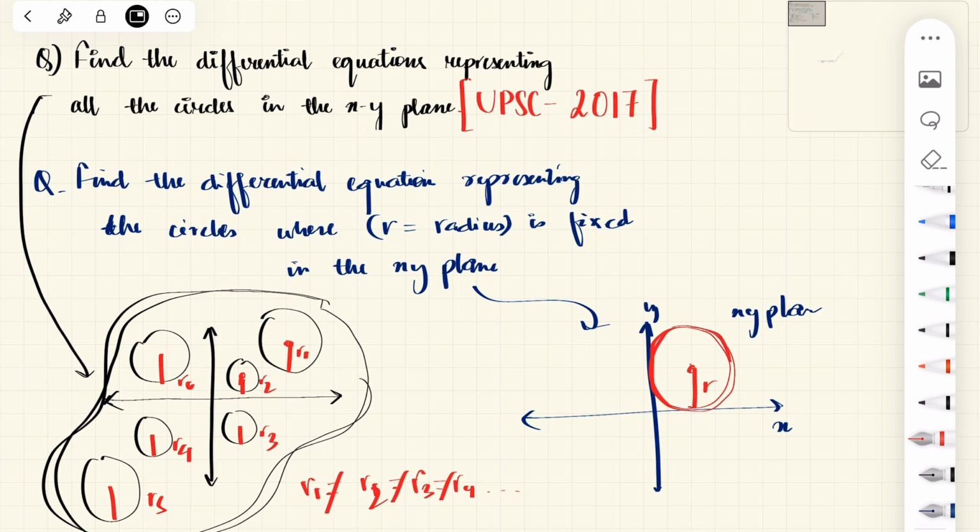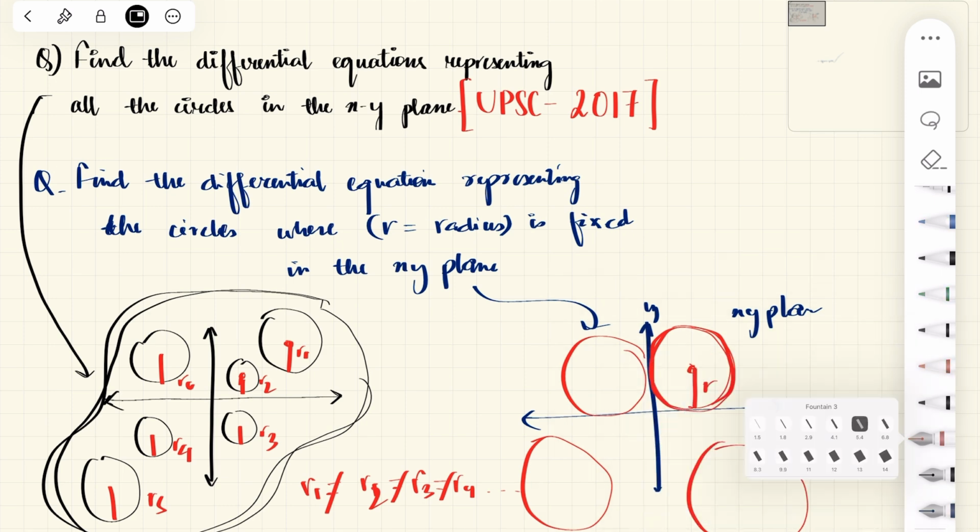So we have this same circle, same size, in different areas. It can be here, or here, or here. My drawing might not be exact, but the radius here is r, here also r, here also r, meaning they have the same radius, but the circle is placed in different areas of the xy plane. Got it?